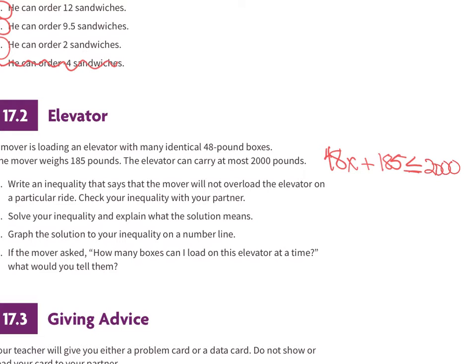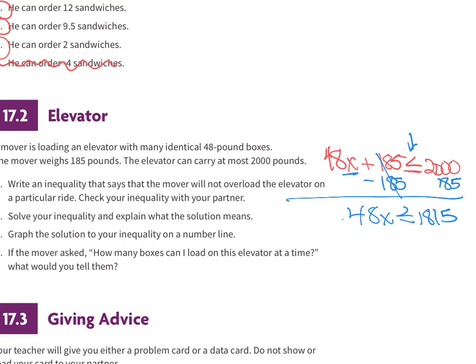Now solve your inequality. All right, so we're solving it just like we solve an equation. Here's my X. Here's my sign. The first number we get rid of is the number not with X. So we're going to subtract 185. Okay, so we have 48X is less than or equal to 1,815. 2,000 minus 185 is 1,815.